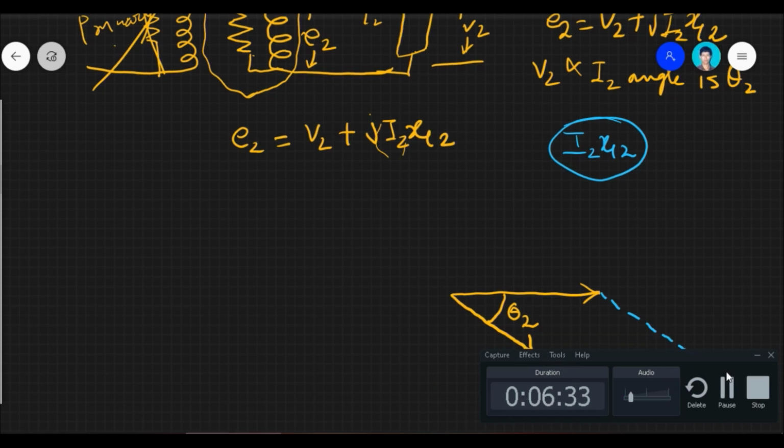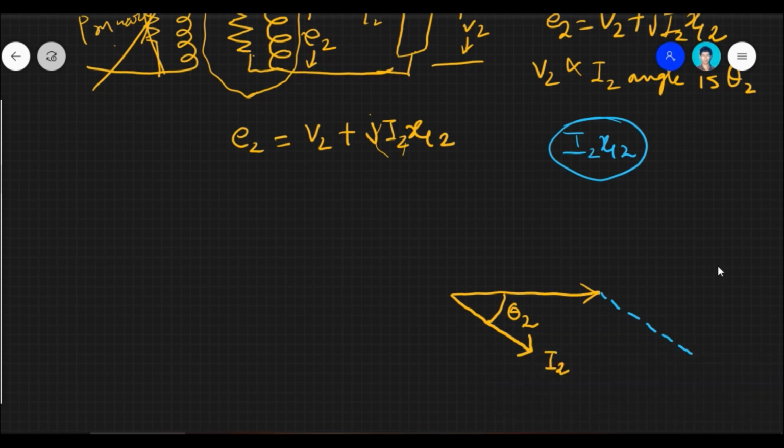Now if you extend the phasor of V2, you will see this angle is also theta 2, by virtue of geometry.